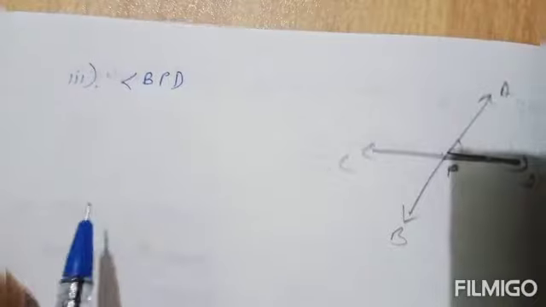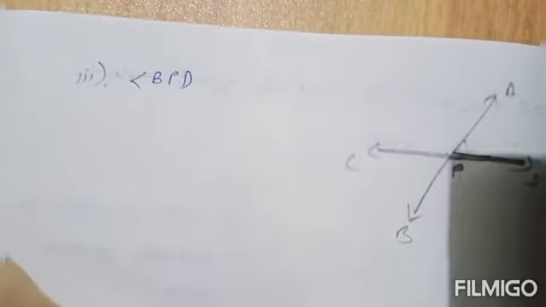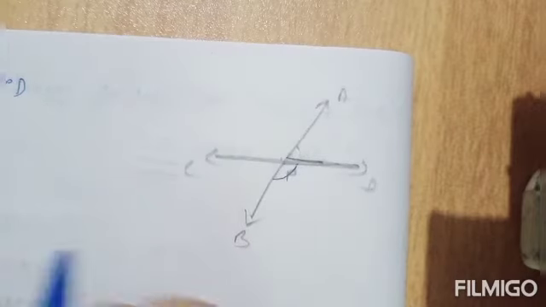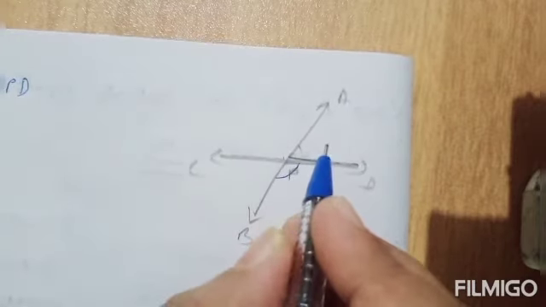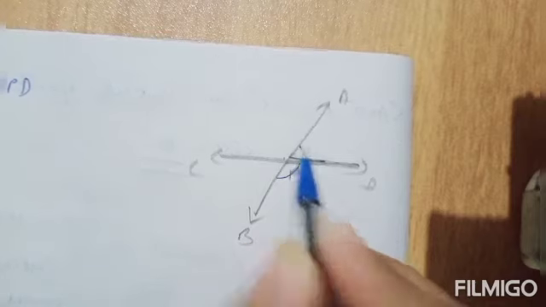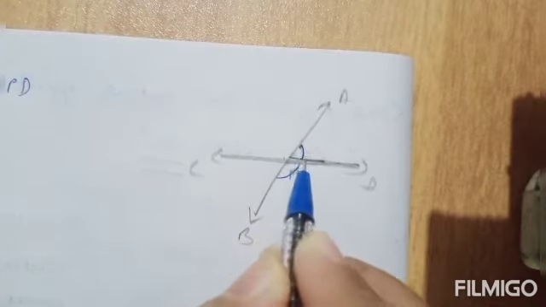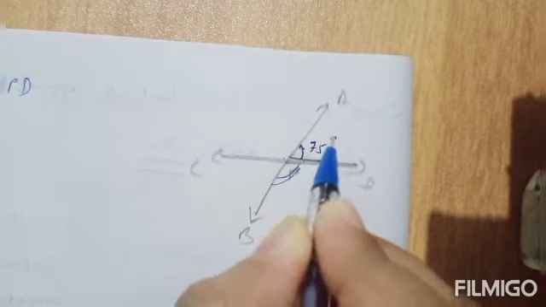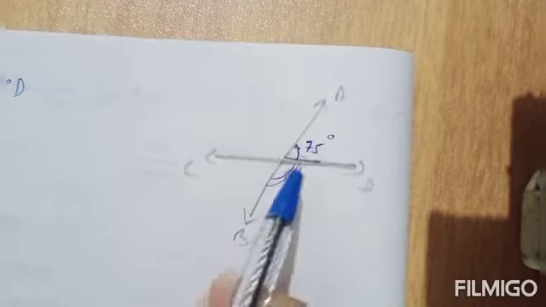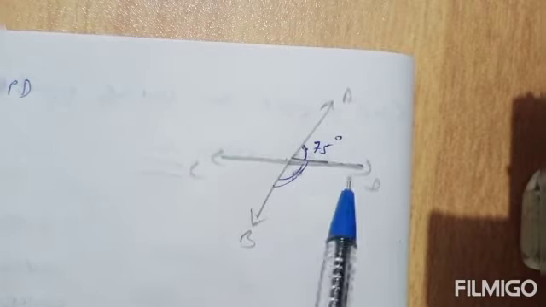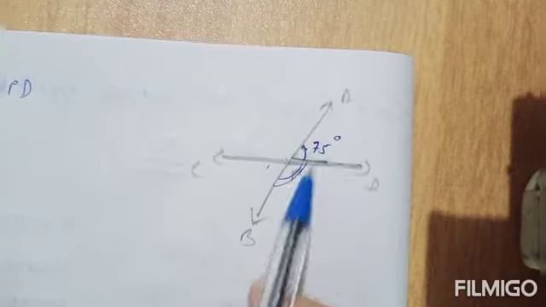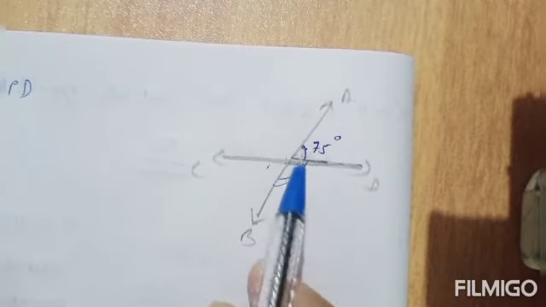Third one, angle BPD. So this angle we need to find here. In the second question, we found angle APD is equal to 75 degrees. Now you can see from the figure that angle APD and angle BPD are adjacent angles.